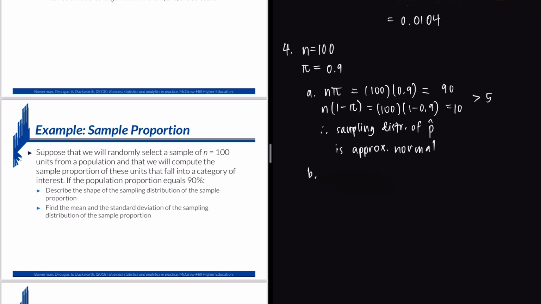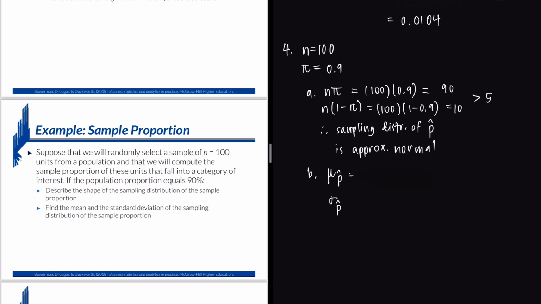Next, find the mean and the standard deviation of the sampling distribution of the sample proportion. Or in other words, look for mu sub p hat, the average of all possible sample proportions, and the standard deviation of all possible sample proportions, which is expressed as sigma sub p hat.